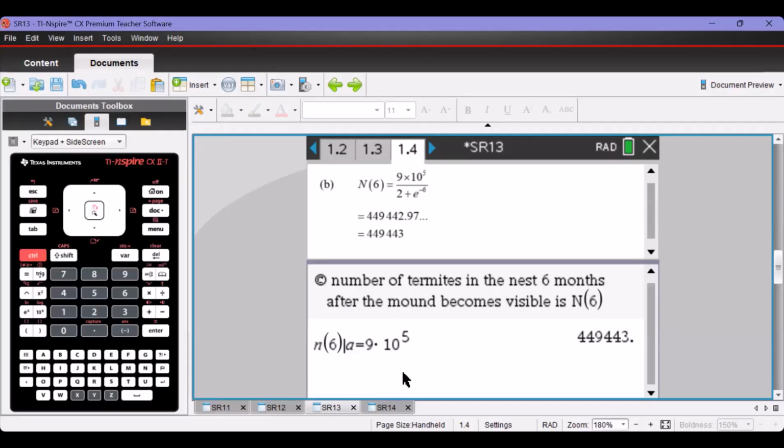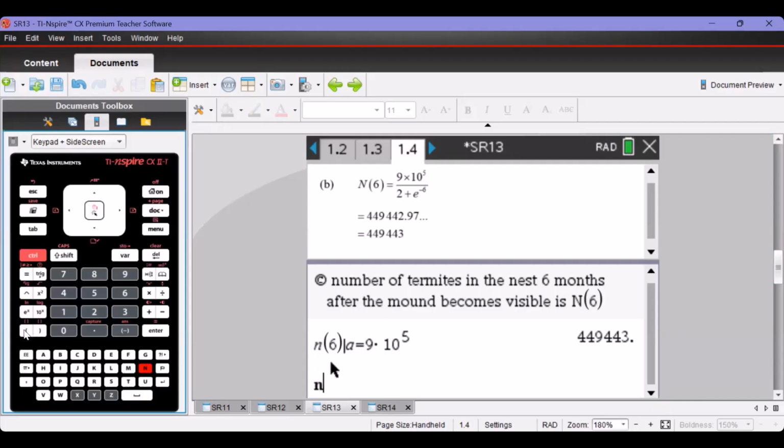On a calculator page or calculator application, it's a matter of just keying in n, then open bracket, then 6, and closing the bracket. Now, I want to evaluate that given a is 9 times 10 to the power of 5. To find the with or given symbol, it's the given symbol that's in conditional probability.